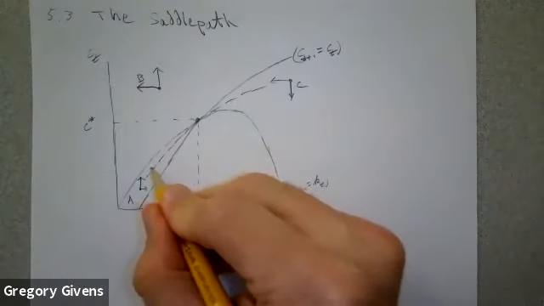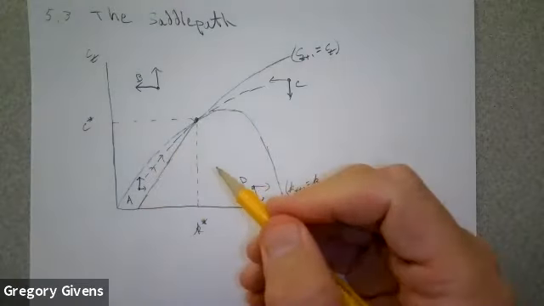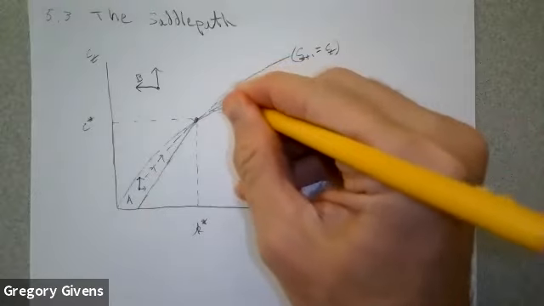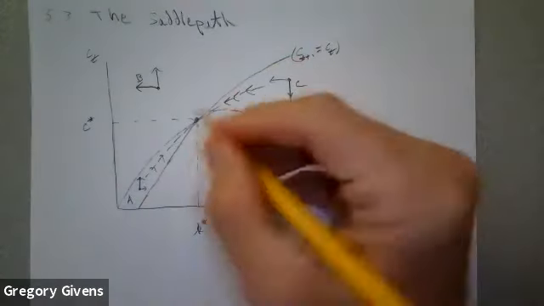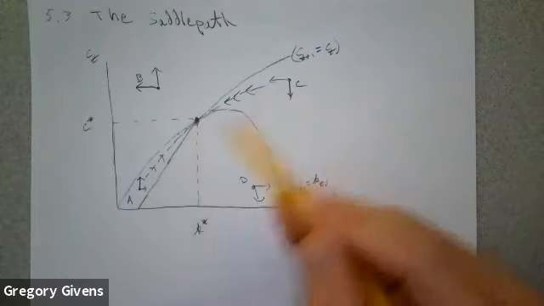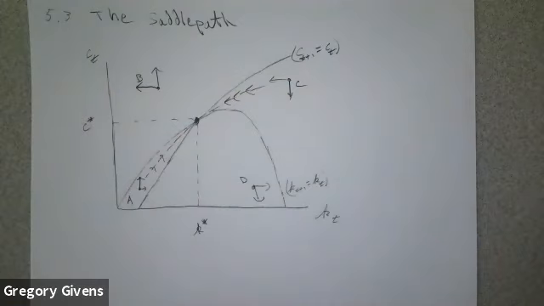So that if you're down here, you're going to converge monotonically up towards the capital stock. If you're over here, you're going to converge monotonically down towards the steady state. This line here, this one-dimensional manifold in KC space, is the saddle path.